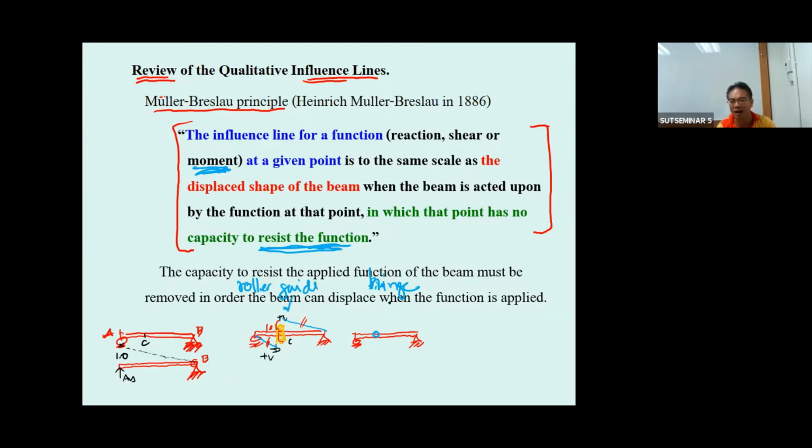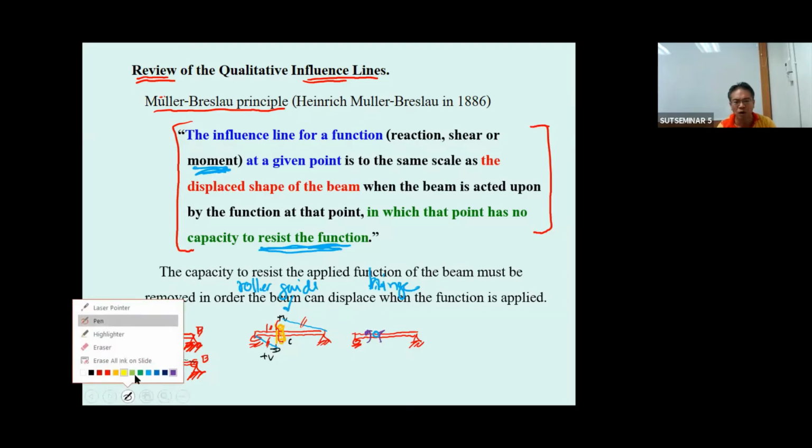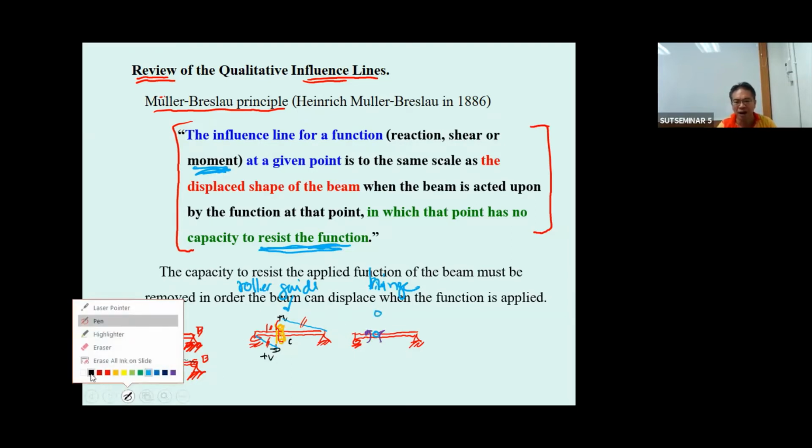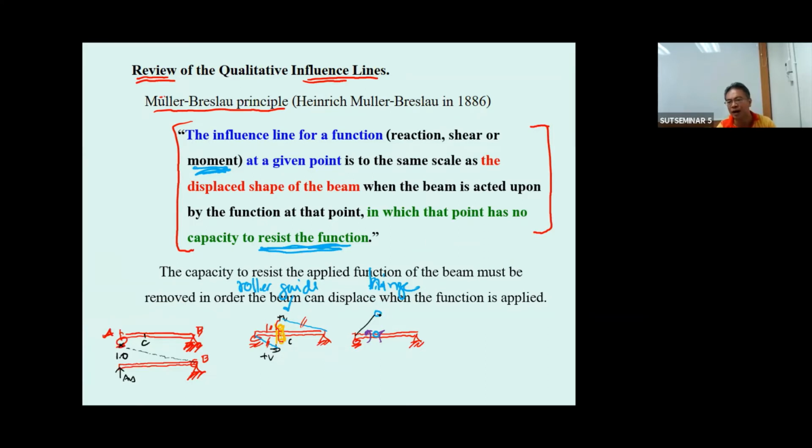Okay, this is roller guide. This is going to be the hinge. And then you apply the positive moment into this. This one is going to move to a new position here. And then the shape of the beam is going to be the influence line diagram of M sub C.